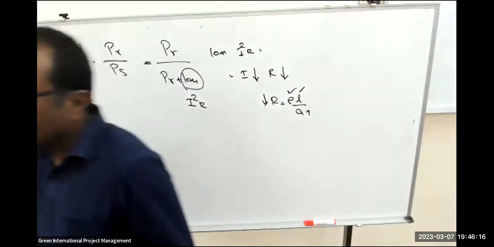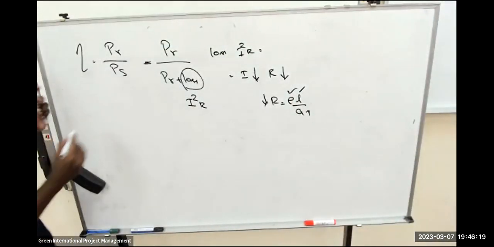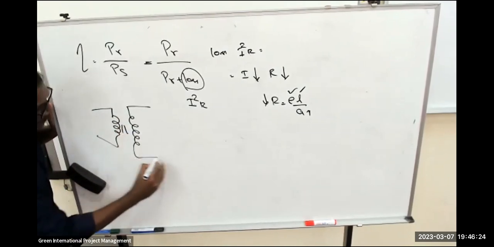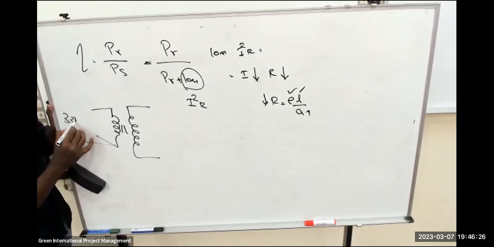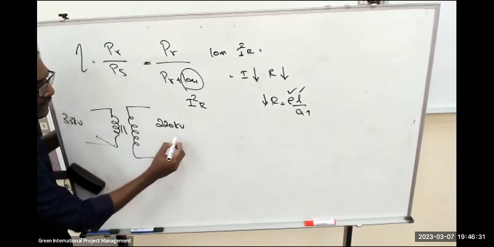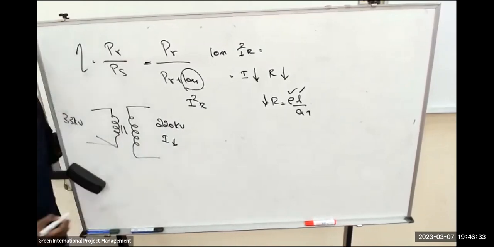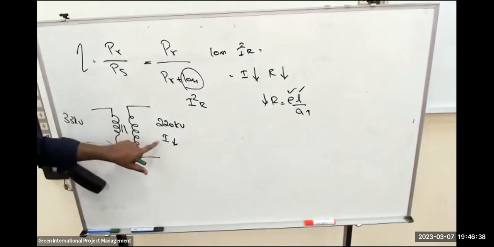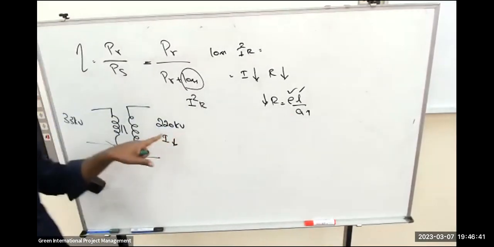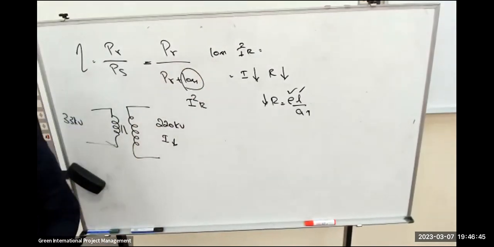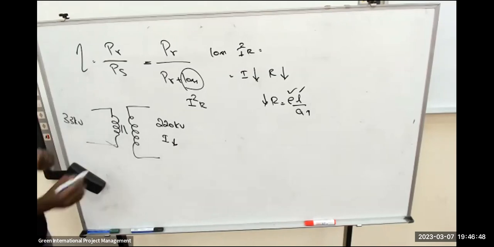The step-up transformer is very big. Since voltage is high, current is low, the current flowing into the transmission system is low, so we can reduce the loss. That is the reason why you go for the step-up transformer.